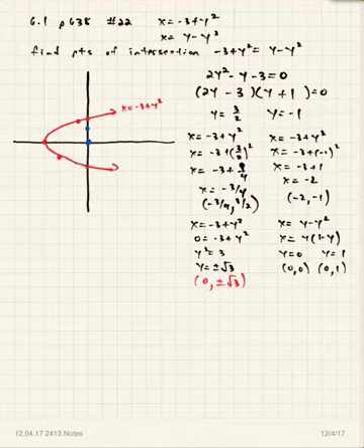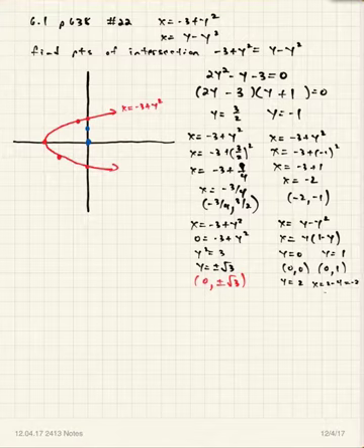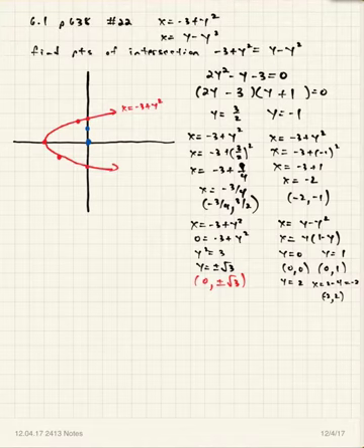Like if you substituted in y = 2, for example. Let's just do that real quick. If you substitute y = 2 into this equation, you get x = 2 - 4, or -2. So you get the point (-2, 2), which is up like this.